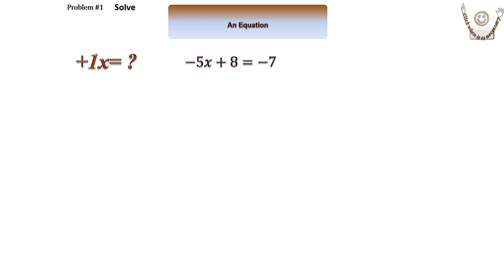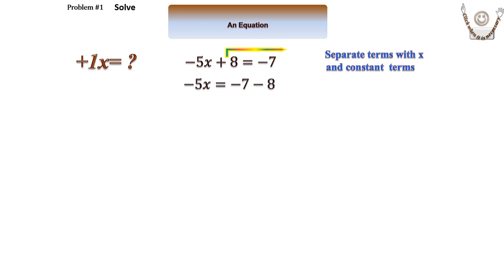Now let's talk one more time about this equation. We are looking for positive 1x. First, we have to separate terms with x and constant terms. So positive 8 is moving from the left side to the right side, and positive 8 is supposed to change sign. Now we have to simplify negative 7 and negative 8 because these are like terms.